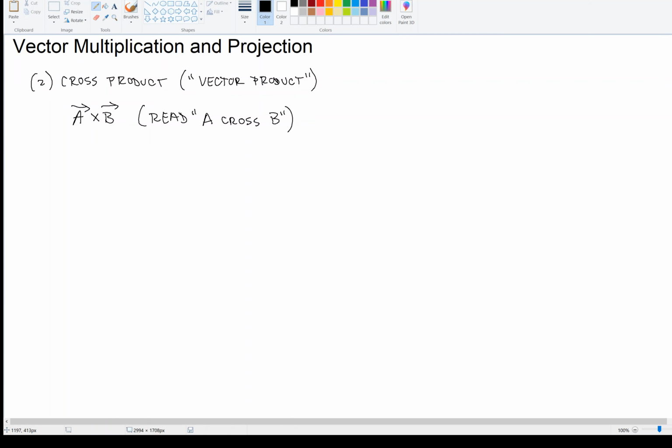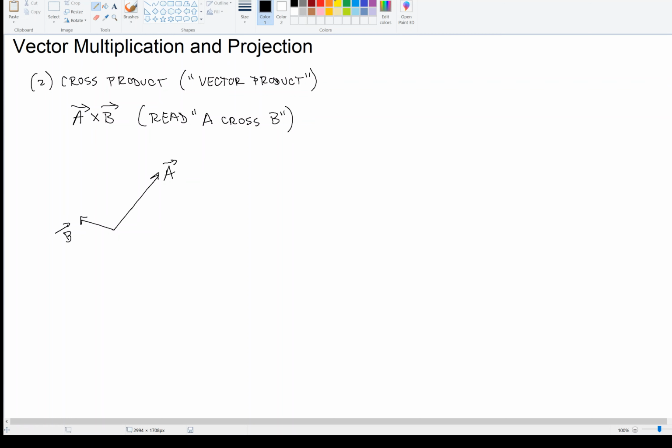So now let's talk about the geometric interpretation of this. Let's say again I have vector a and vector b, like that. It turns out that the cross product is the area of the parallelogram defined by a and b, and has a direction that is normal or perpendicular to the plane containing this parallelogram.